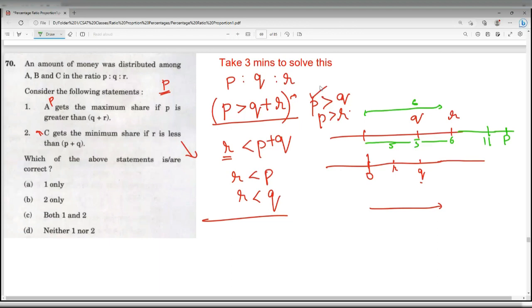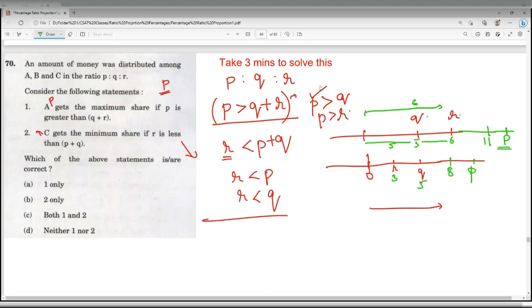Comparing this figure, P is obviously greater than Q and obviously greater than R because it is in the rightmost corner of the number line. In the other case, if R is smaller than Q, let's say R is 3 and Q is 5, then 3 plus 5 is 8. Now they are saying P is greater than Q plus R, so somewhere after 8 only P should be.